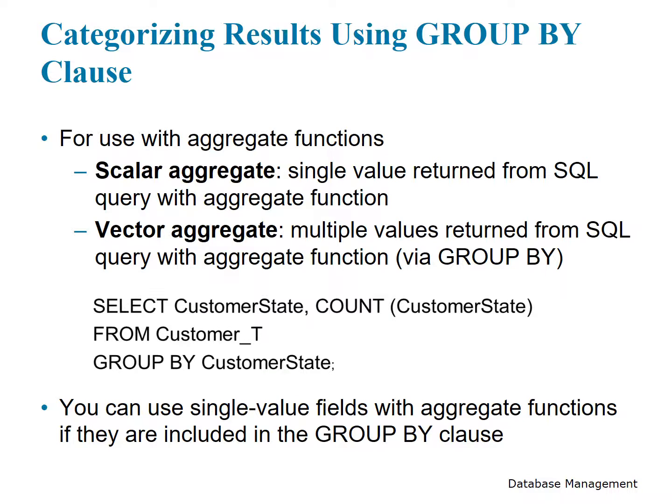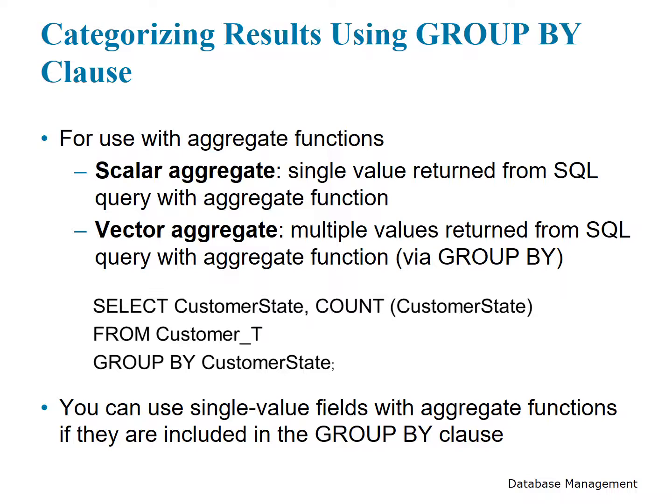Categorizing results using the GROUP BY clause for use with aggregate functions. Scalar aggregate: a single value returned from an SQL query with an aggregate function. Vector aggregate: multiple values returned from an SQL query with an aggregate function via GROUP BY.